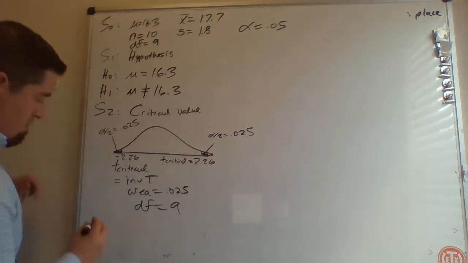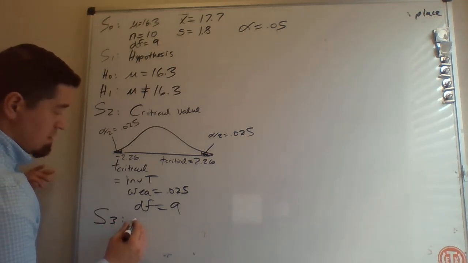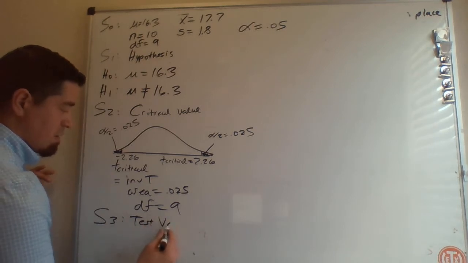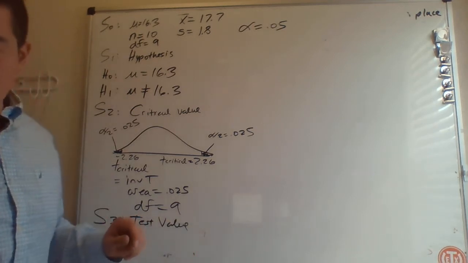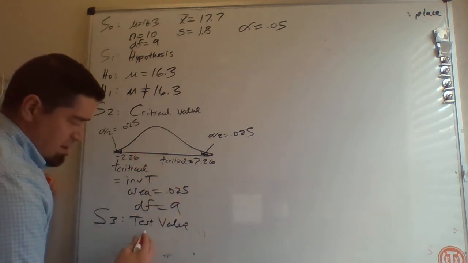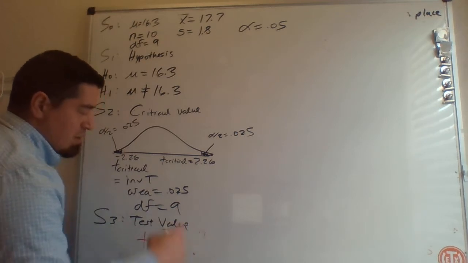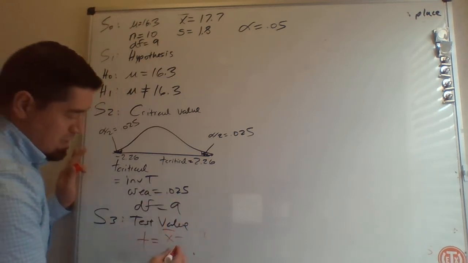Then I'd want to calculate my test value. Okay, and I haven't been changing up the color here, so apologize. So the test value here, because I have S, I knew I was going to have to do the t-test.